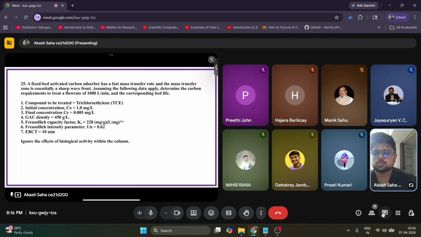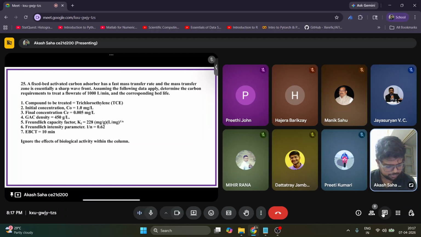Initial concentration is 1, final concentration is 0.05 milligram per liter. GAC density is 450 gram per liter. Freundlich capacity factor KF is 228. Freundlich intensity parameter 1 by n is 0.62. And EBCT, the empty bed contact time, is 10 minutes. Ignore any biological activity.